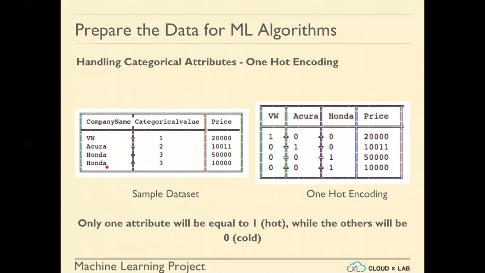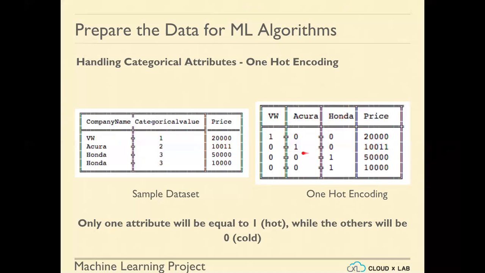What it'll do is convert these values into column headers: VW as a column, Acura as a column, and Honda as a column. Then it'll put 1 or 0 in the corresponding column. So for the first one where the price is 20,000, it'll put 1 in the VW because that's the value of this particular row.